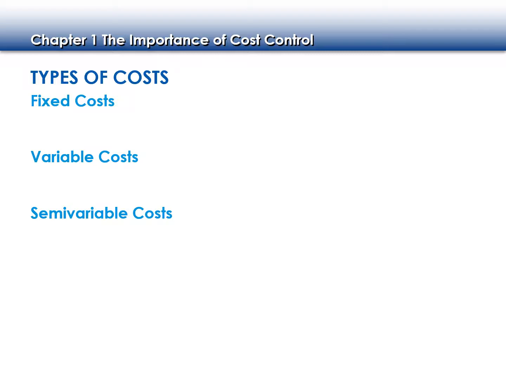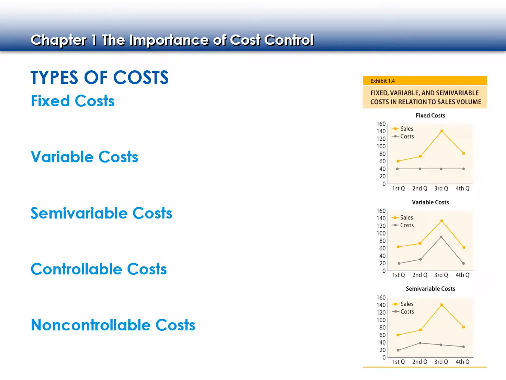The definition of fixed costs, let's make sure we're on the same page, is that it does not matter what our sales are, our costs are going to stay the same. Okay? There is no direct relation or correlation between the volume of sales and the cost that we're spending.